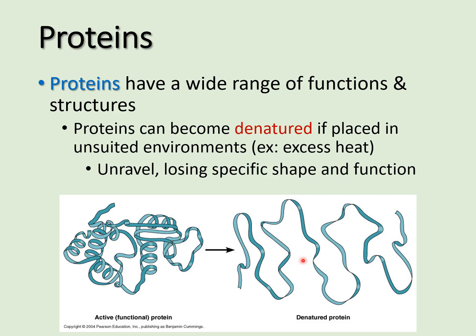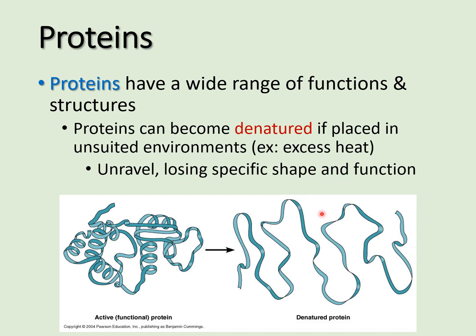And so if you put that protein in some sort of environment that it doesn't like, excessive heat, right? Say you heat it up, that protein structure is going to unravel. So it's going to lose its shape. Therefore, it's no longer a functional protein. So if it's an enzyme, it no longer can bind to the chemical and help that reaction.